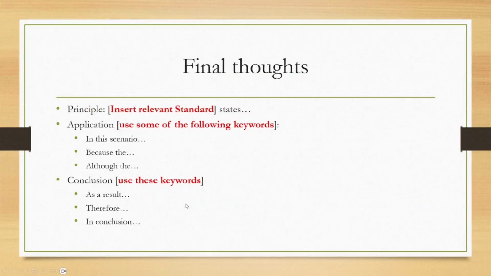So I just want to go to my final thoughts and summarize this whole lesson. Principle: always state what the standard says, removing only the valid points of that standard. Do not regurgitate everything the standard says, just the parts relevant to the question you are being asked.